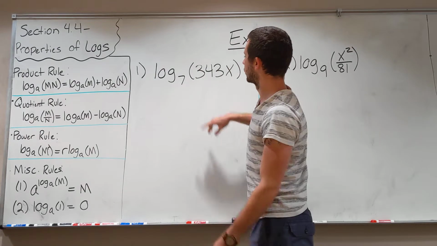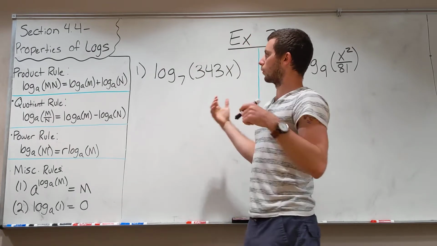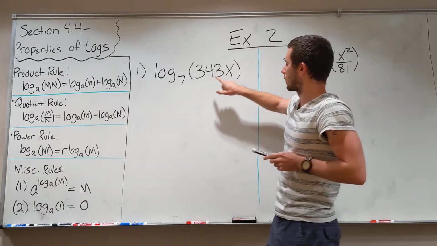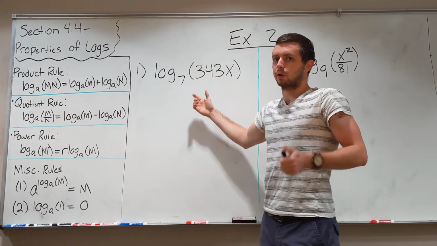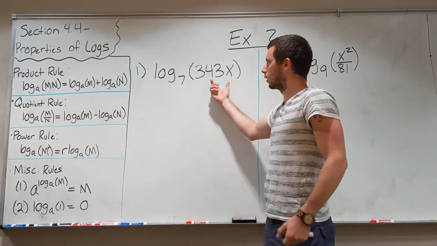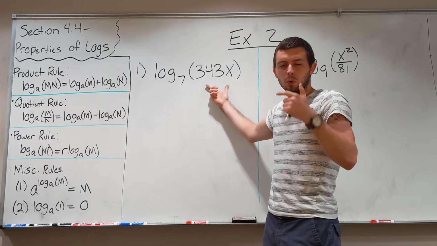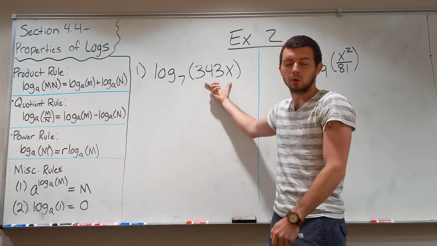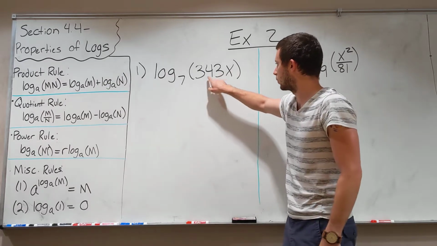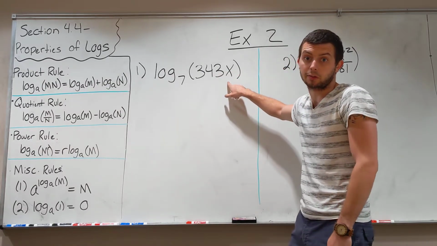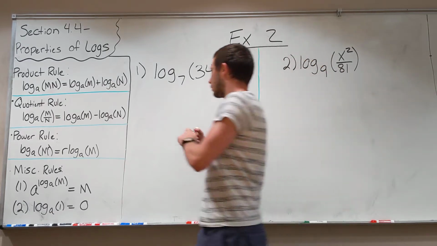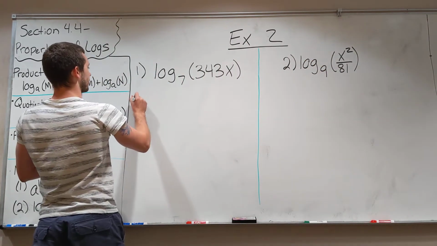And so what it wants us to do is figure out what rule this applies to. So the logarithm, we want to figure out, is the logarithm evaluating a product, a quotient, or an exponent? And I think that one's pretty clear here. It's a product because we have 343 times x. There's no exponent, there's no quotient, so this one seems pretty straightforward.